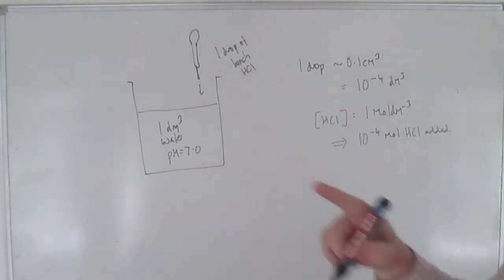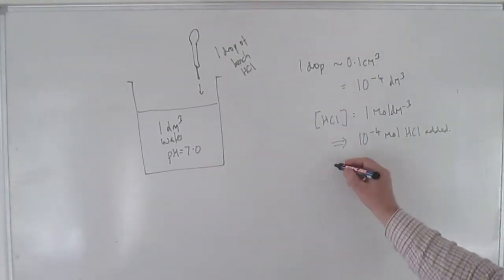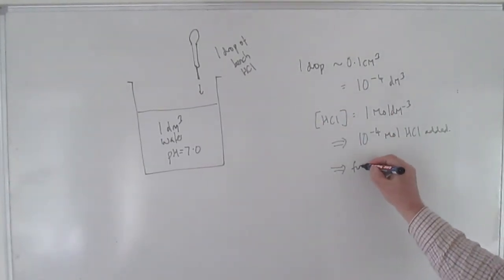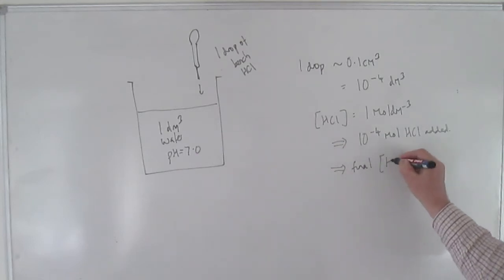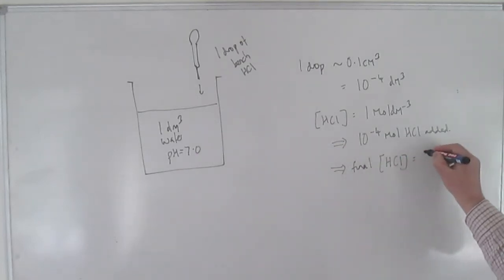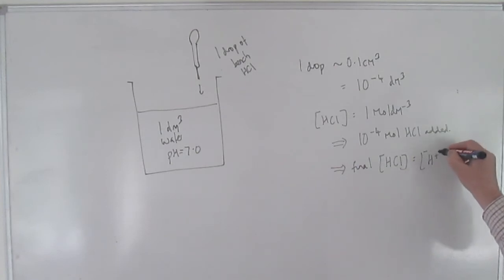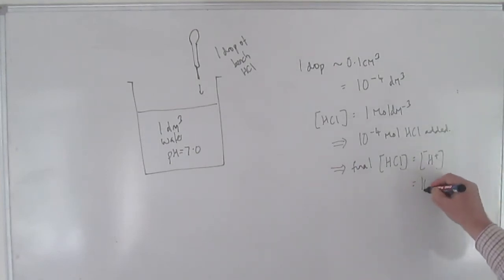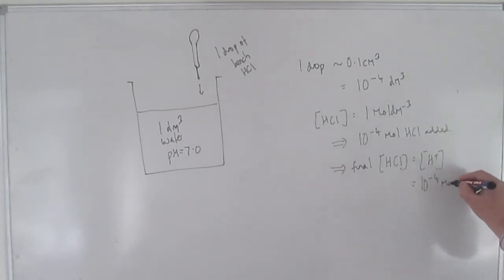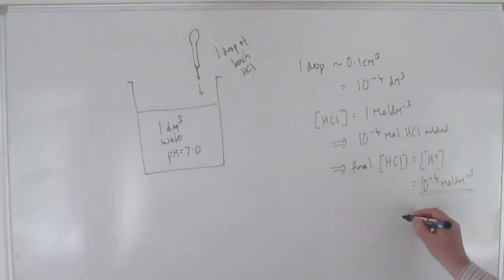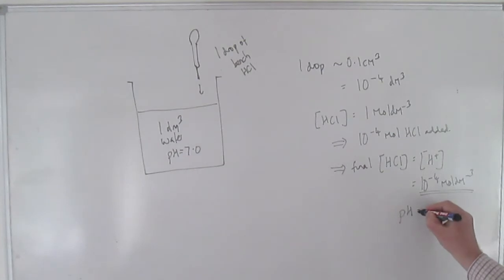And obviously because it's being added to 1 dm cubed, that means that the final concentration of HCl, which because it's a strong acid is equal to the concentration of H+, will be 10 to the minus 4 moles per dm cubed. And that means that the pH will drop down to 4 with just 1 drop of acid added.